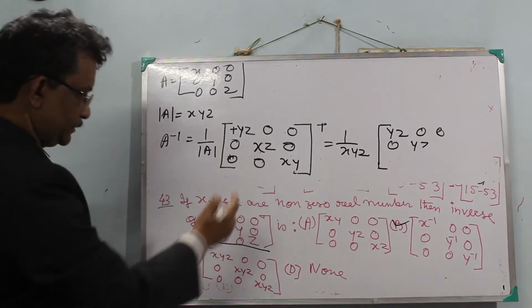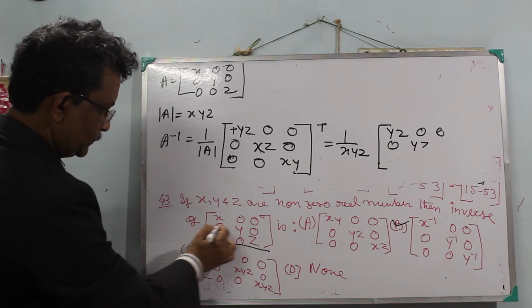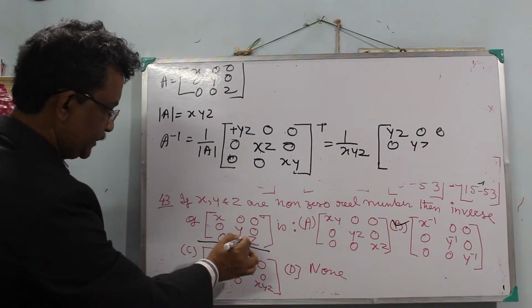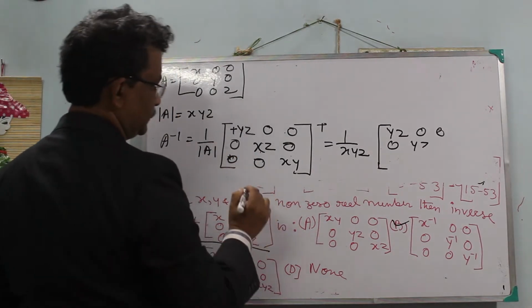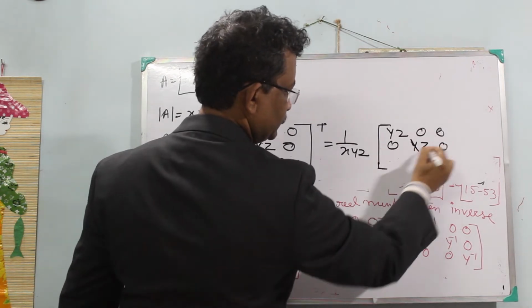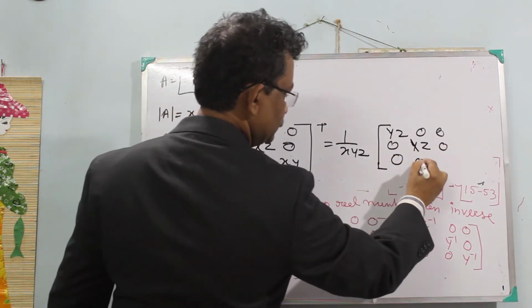I made a mistake. If you cover the second row and second column, xz minus 0, xz.